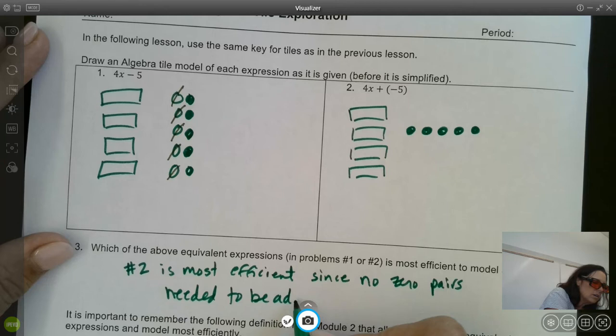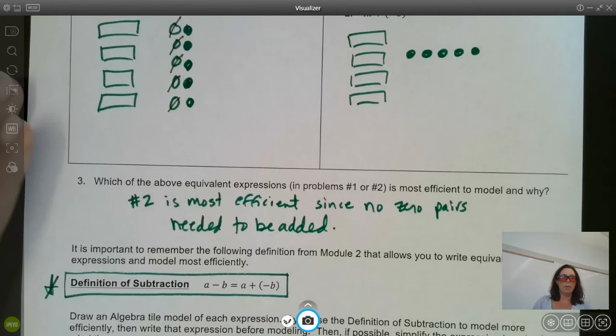All right, so it's important to remember this definition from Mod 2 that allows you to write equivalent expressions and model most efficiently. This is key. You need to understand the power of that definition of subtraction in order to help you model more efficiently.